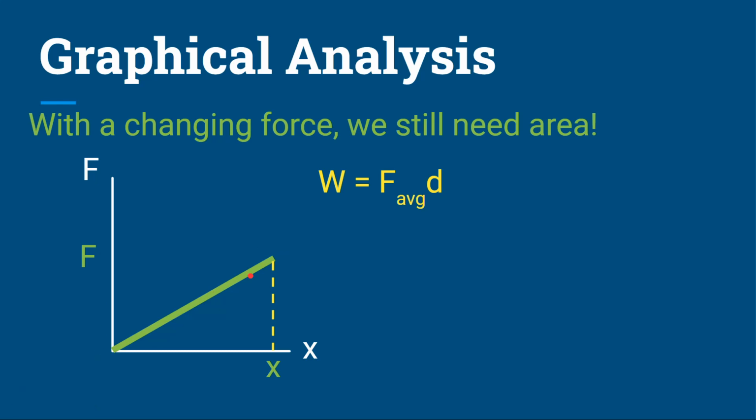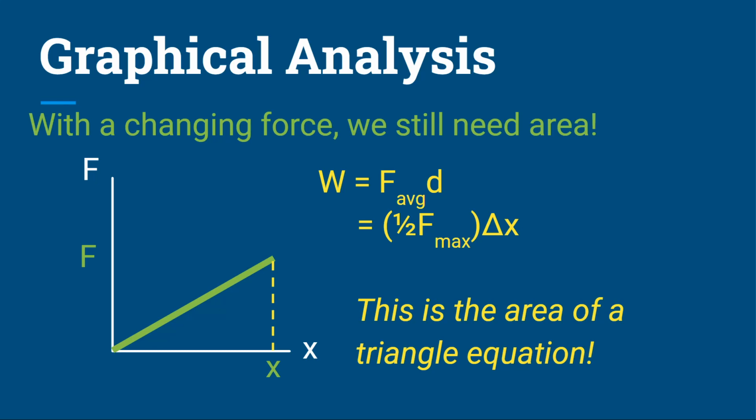So if I wanted to solve for it, I'd have half that max F times displacement, and guess what? That ends up being 1/2 base times height. This is the formula for area of a triangle. So again, if you have a force displacement graph, no matter what shape it is, find the area under it, and that will represent the amount of work that is being done. So area of that type of graph is work.